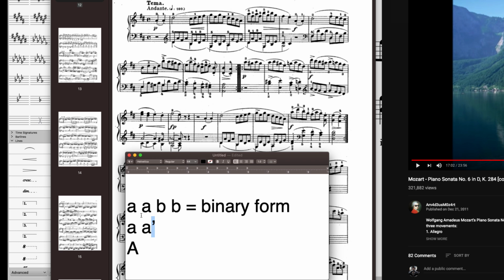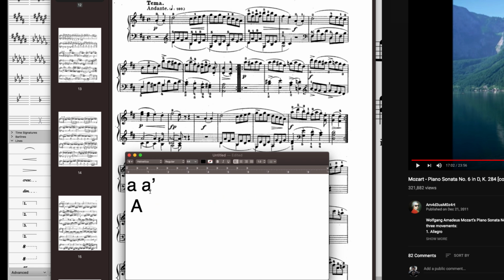Okay, so we can call that whole thing capital A. Let's get rid of this for a minute, just so it's not confusing. These two together make capital A. All right, that's the notation that we're using here. So now let's look at the second half.